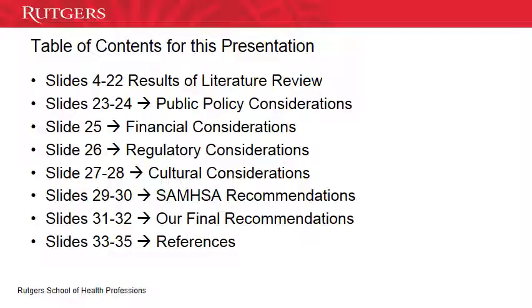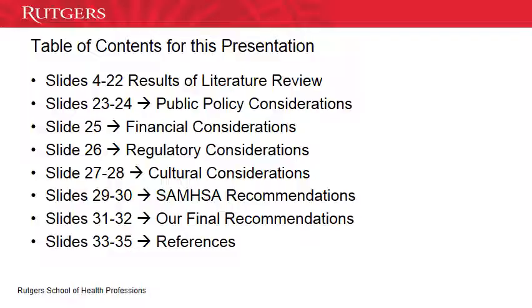As you're about to see, there were 4 essential components found in the literature review that was part of the required readings for preparation for this presentation, and it actually ended up being really helpful in framing out and organizing it. So what we will do is talk about each of the 4 essential components over those slides from 4 to 21 for helping people that are homeless and have COD.